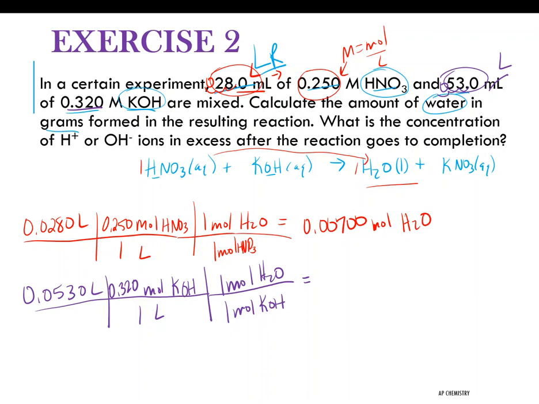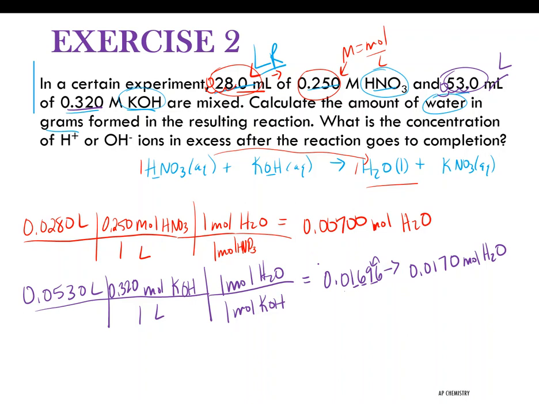So here are our moles, 0.01696, which I would probably change over to keep 1, 2, 3. I would round that one up, so 0.0170 moles of water. Now, looking here, I can definitely determine which one's my theoretical.